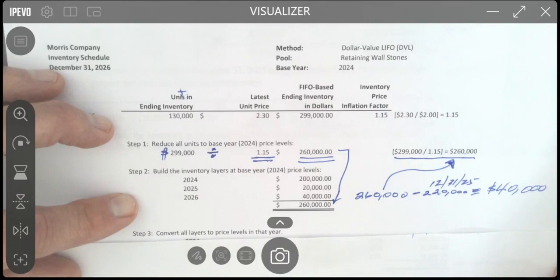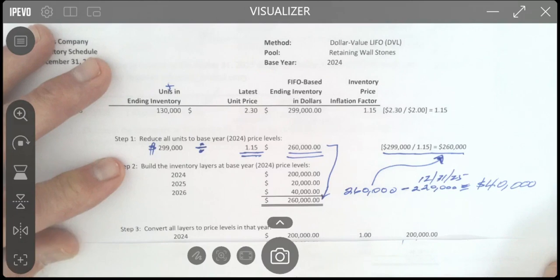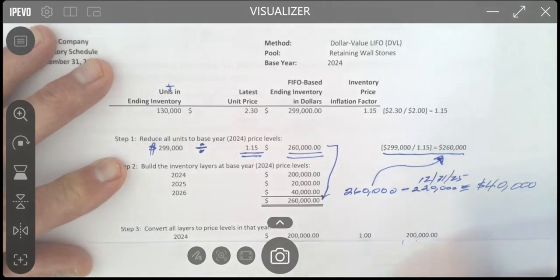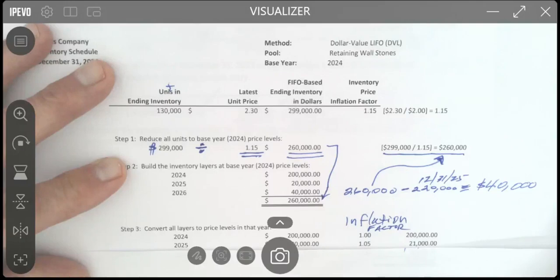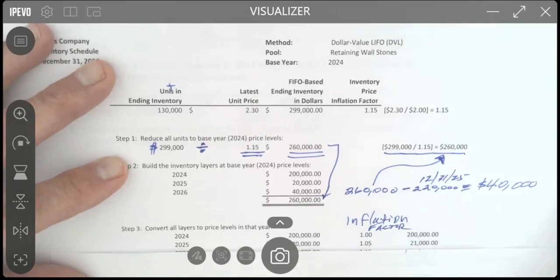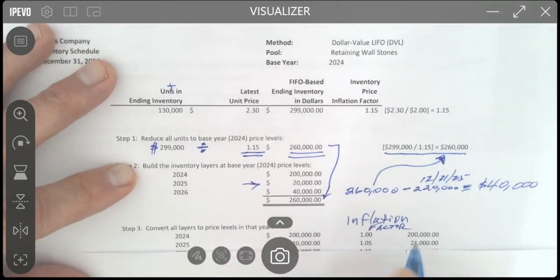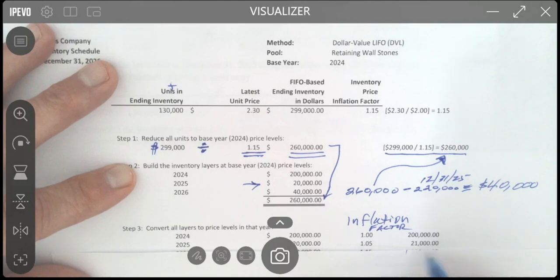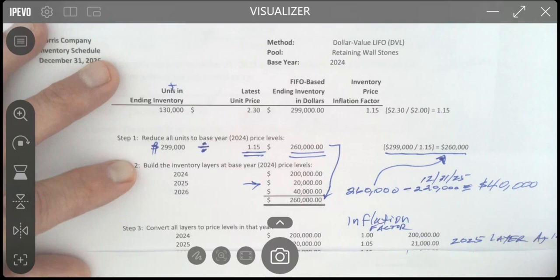And then step 3, we convert to current price levels. 2024 was the base year. Inflation factor relative to base year is 1, because it is the base year. Remember, 1.05 was the inflation factor in 2025, so that pumped up the 2025 layer at base year cost to the 2025 layer at 12/31/25 level.